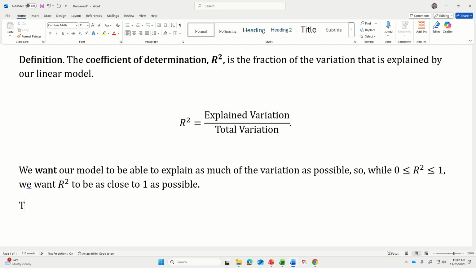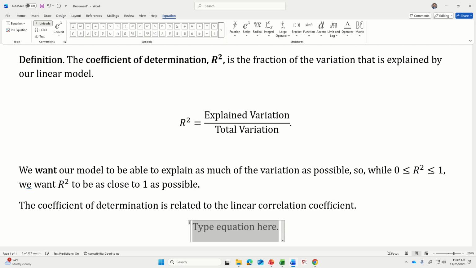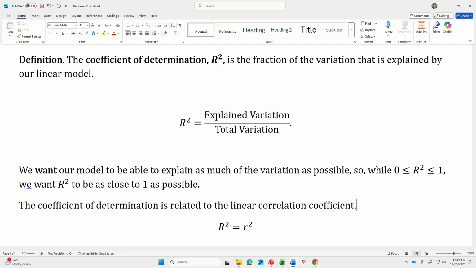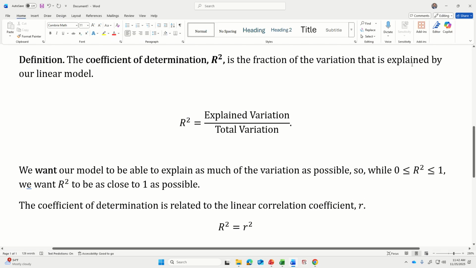And the coefficient of determination is related to the linear correlation coefficient. In fact, it's just the linear correlation coefficient squared. It's pretty easy to remember.